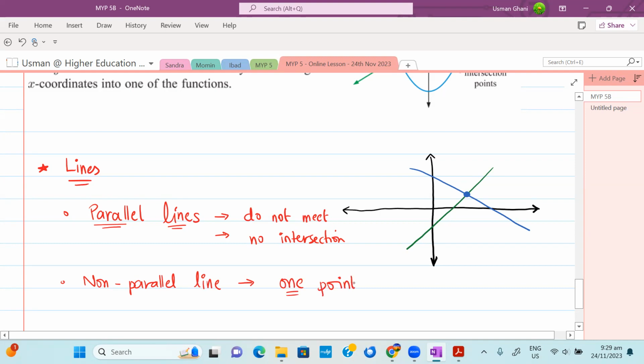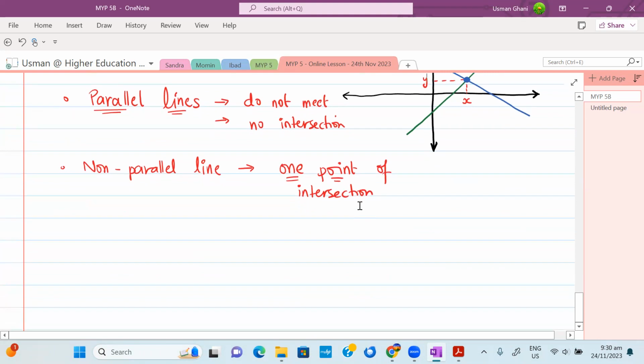अब मैं यहाँ point का word use कर रहा हूँ। Point का मतलब x coordinate and y coordinate. When I ask you to find a point, मुझे अपने आंसर में x और y coordinate दोनों चाहिए। Which basically means I want you to get me this x coordinate and this y coordinate. मुझे ये दोनों चाहिए। And in the case of intersection of lines, it's simultaneous equations, right?